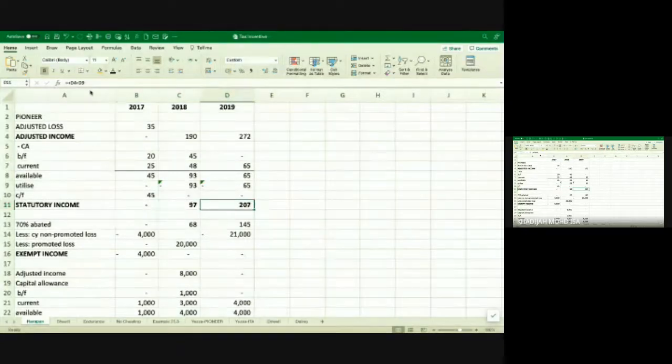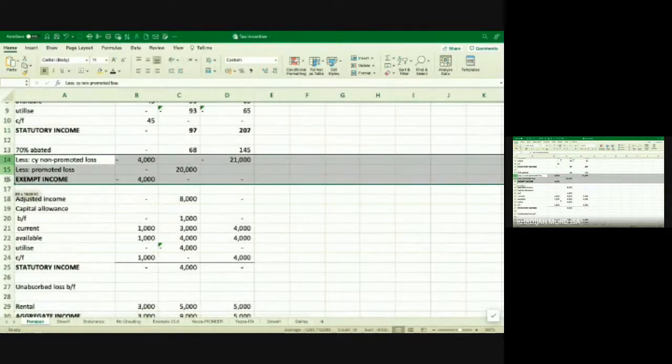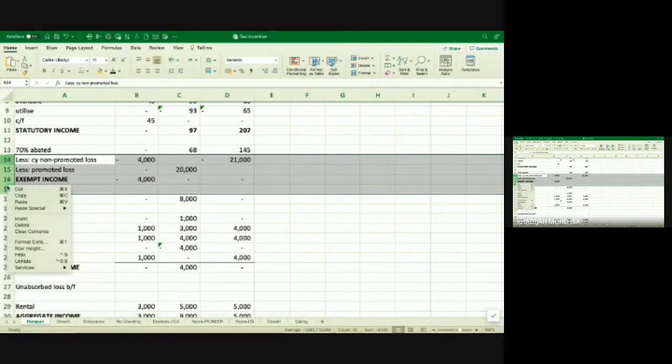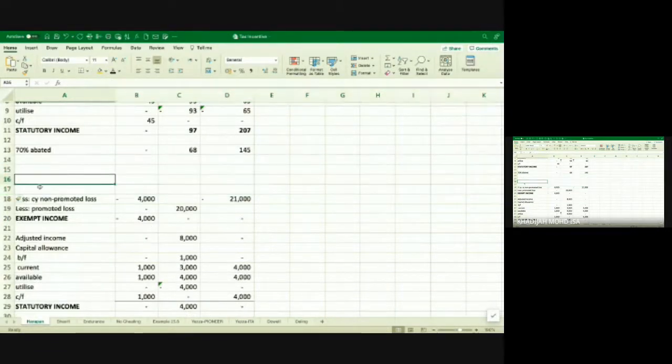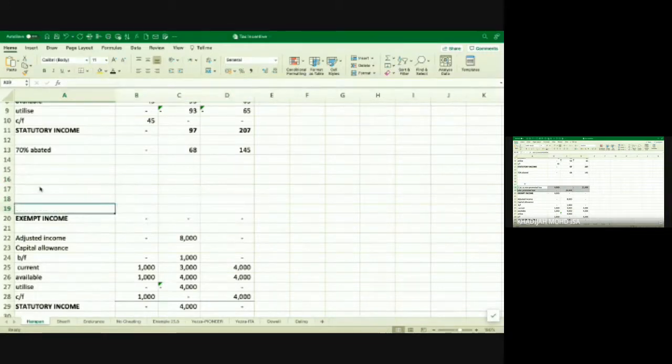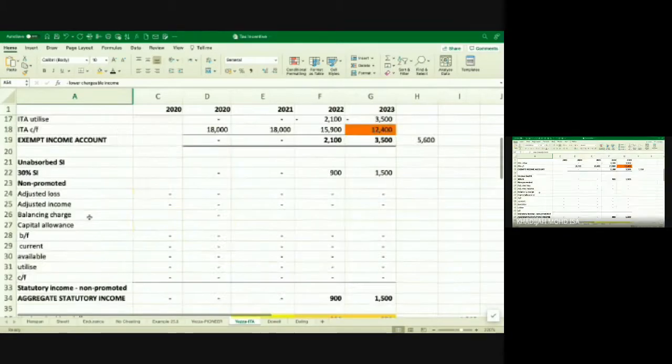Investment tax allowance. So the formula for investment tax allowance would be a bit different. Insert, let me see, we copy. Where is our ITA from earlier?